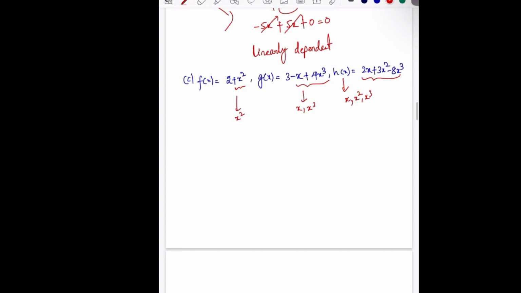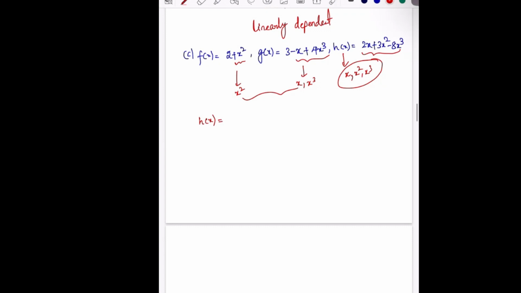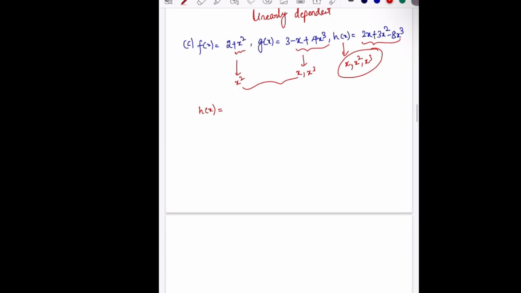So this means that you can write this one in terms of these two. For h of x, here 8 is there. So it must be minus 2 times g of x.